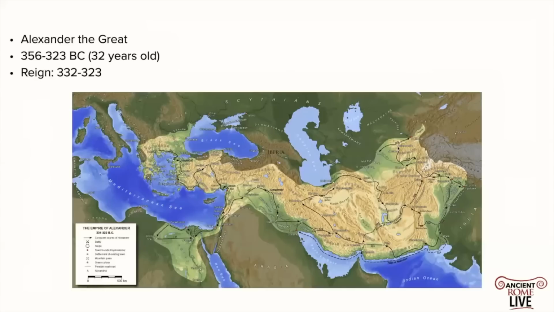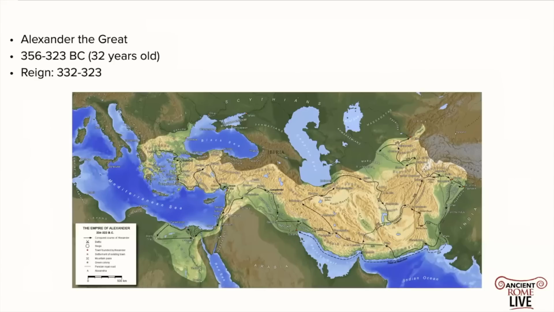So Alexander the Great, a larger than life figure, I suppose. You've got two versions that you can look at in the movies: the Oliver Stone version and the earlier Richard Burton version. But essentially look at what this young man did.